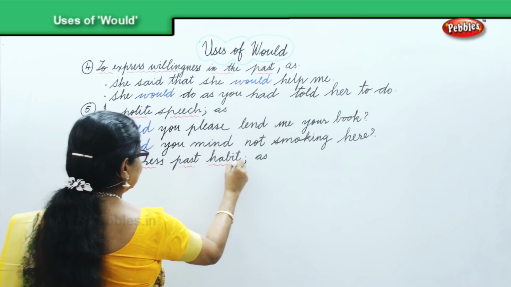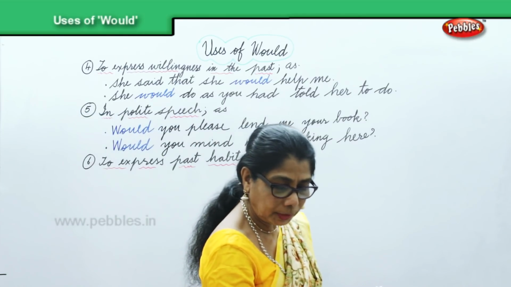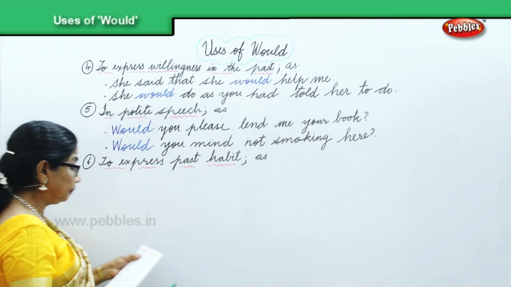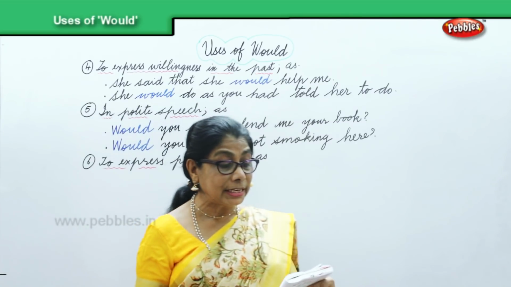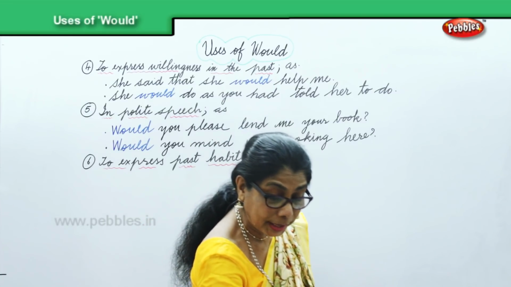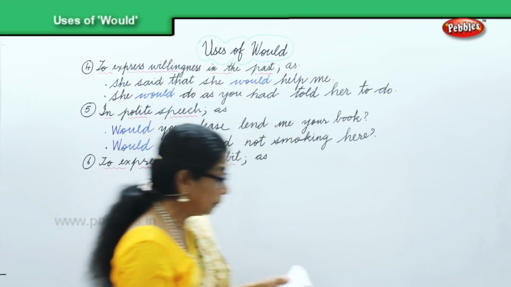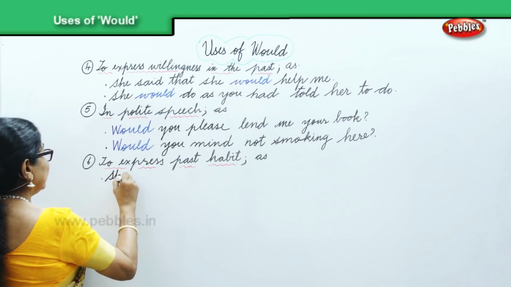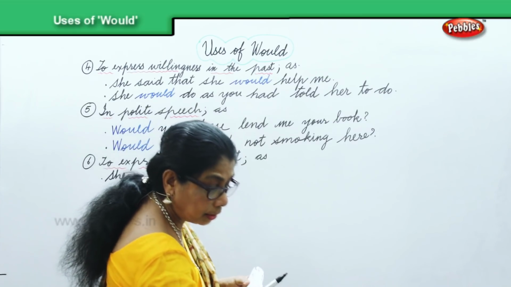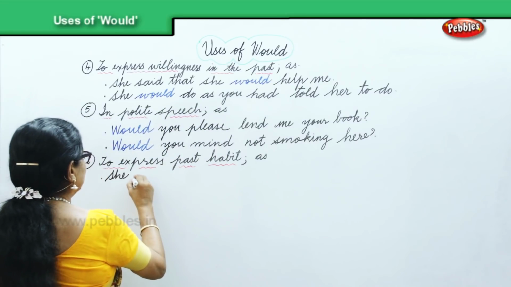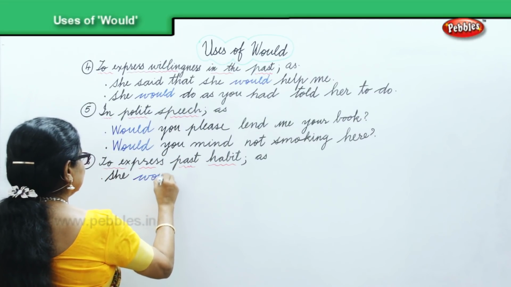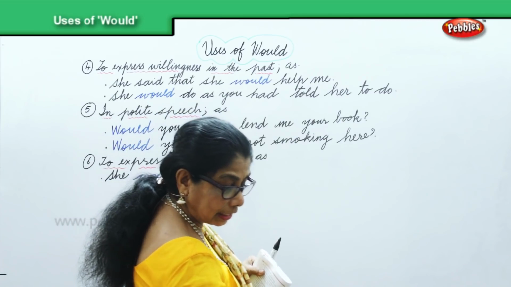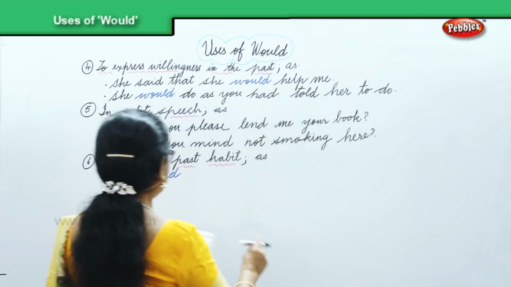Now what is the sentence we have? She would sit for hours on her chair. That's the past, expressing the past habit.